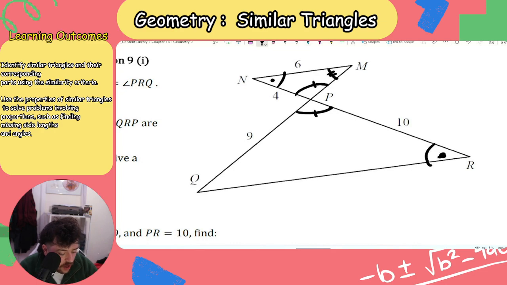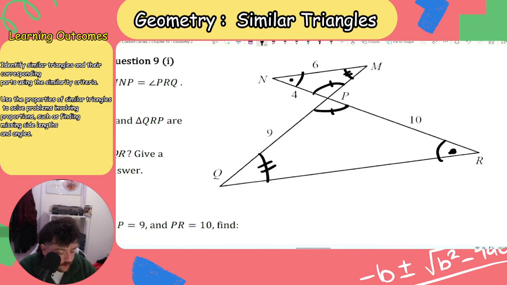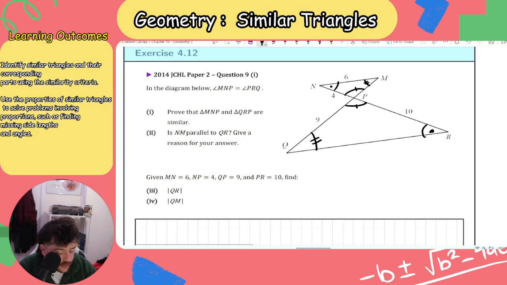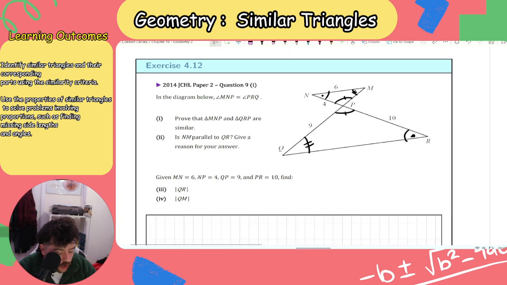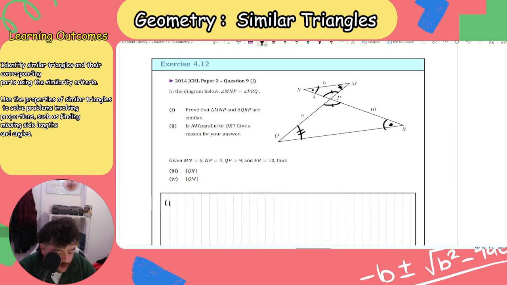So we know that these two angles are equal to each other. To prove that they are similar, you're going to do your little theorem statements like we do for congruent triangles. I know angle MNP is equal to angle PQR. That is given.